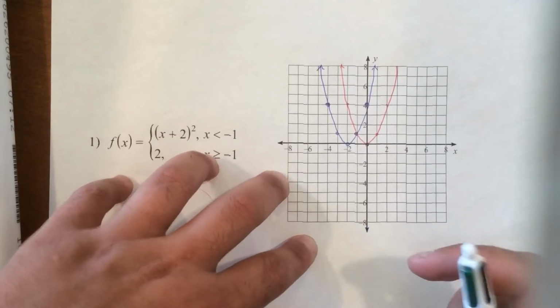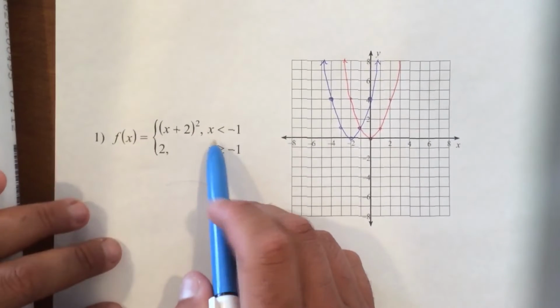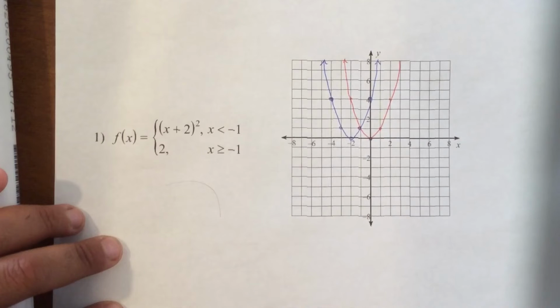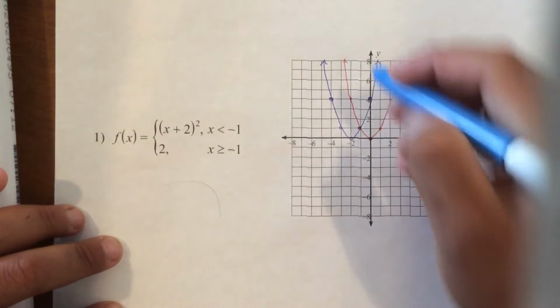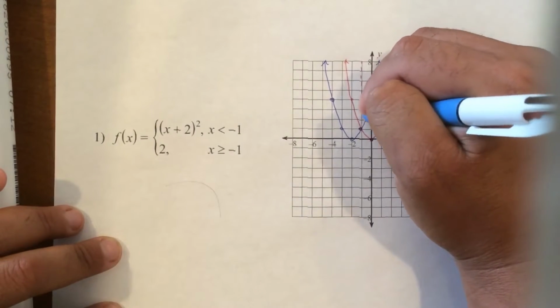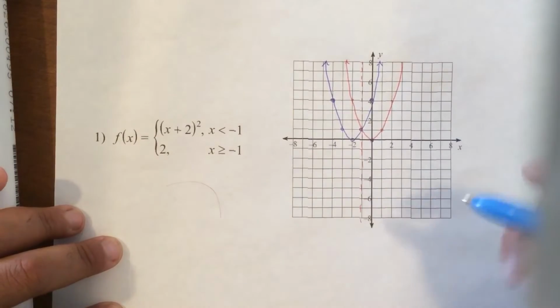But we have something very important. We have a restriction in our domain, which is x is less than -1. So we're going to go to our -1. Sorry about doing the parent function and this one in red, but I'm also going to do this one in red here, all the way down to the bottom.